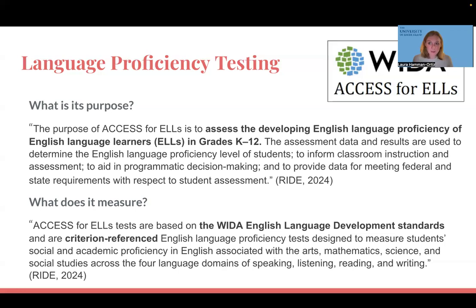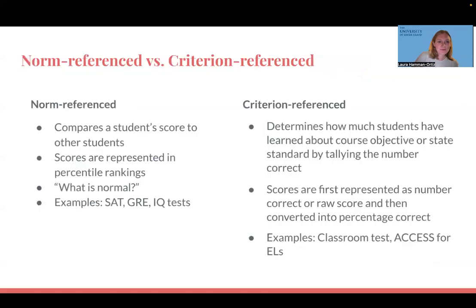So you might remember when we talked about the WIDA standards that the standards are framed or embedded in the content areas. So the language of science, the language of math, and in addition to social language. And so the WIDA Access Test looks at students' language use through this lens across the different content areas and different domains. And I want to take a moment to step back here and explain what criterion reference means.